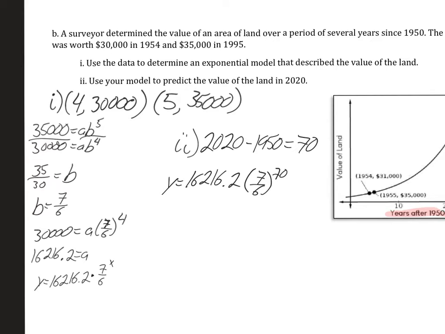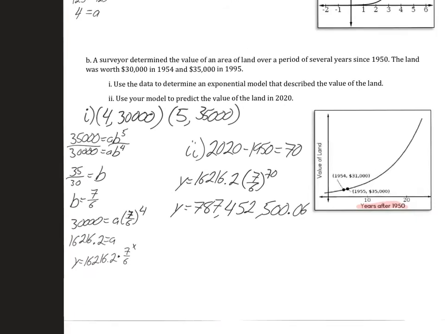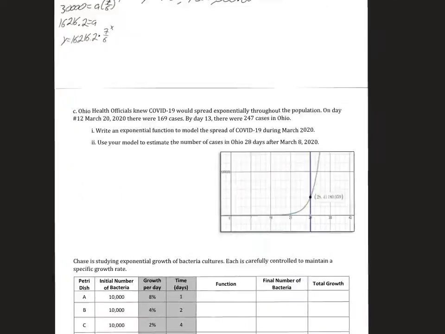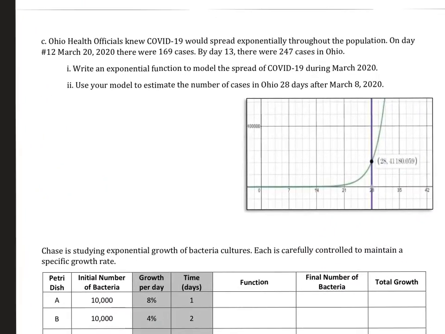Once you plug that into your calculator, you should get 787,452,500.06. You can either do this in a calculator, or I find it easiest to just pull up Desmos, because then it's very quick to switch out numbers to see what's going on. Okay, so let's go ahead and go to the next one.